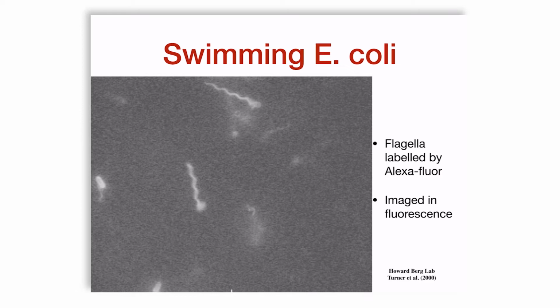Again, E. coli was chosen because physicists considered that to be a model, ideal, simple cell. And the flagella are labeled by Alexa. The whole microscopy was done in fluorescence. What you should see is that these flagella vibrate vigorously and move and propel the cell forward.